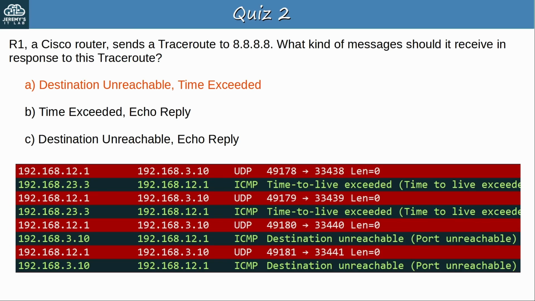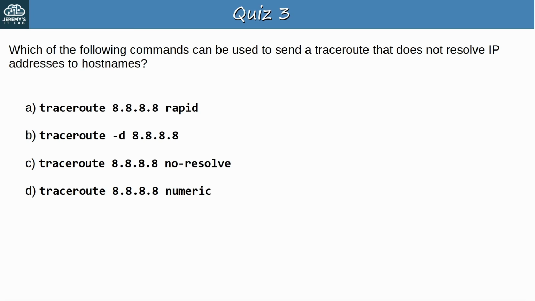Okay, let's go to question 3. Which of the following commands can be used to send a traceroute that does not resolve IP addresses to host names? Pause the video now to think about the answer. Okay, the answer is D, traceroute 8.8.8.8 numeric.